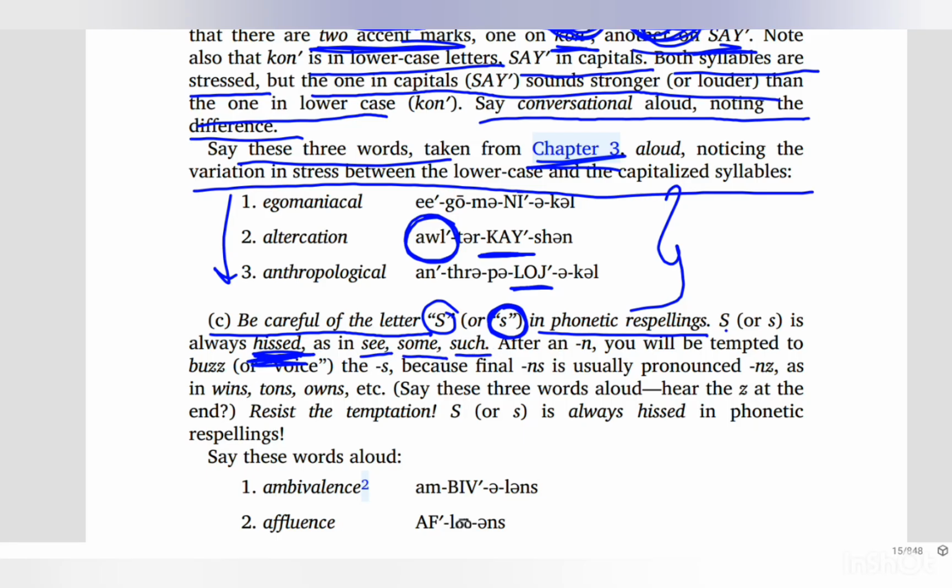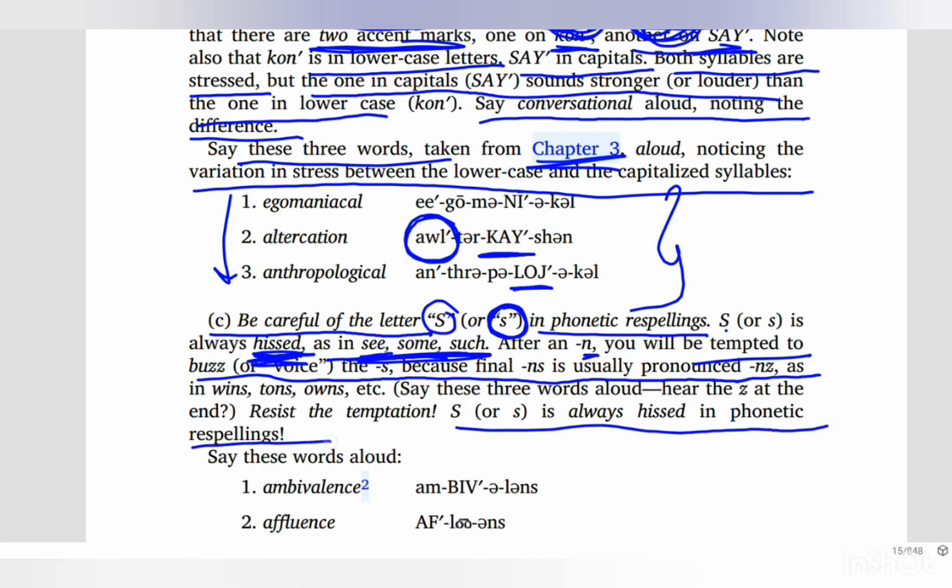If you say these words, you will notice that a hiss sound is produced at the start. After an N, you will be tempted to buzz or voice the S because final N's usually pronounce Z, as in wins, tons, owns. If you say it aloud, you will get it, okay? S is always hissed in phonetic respelling.